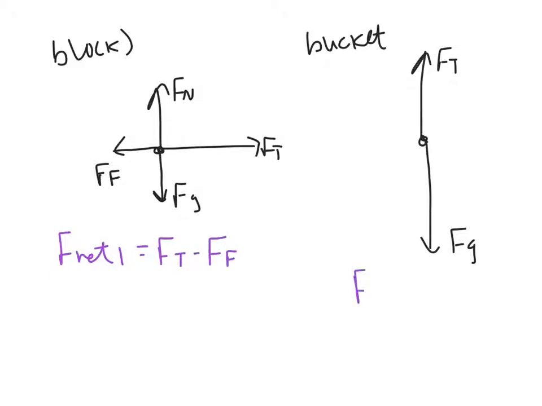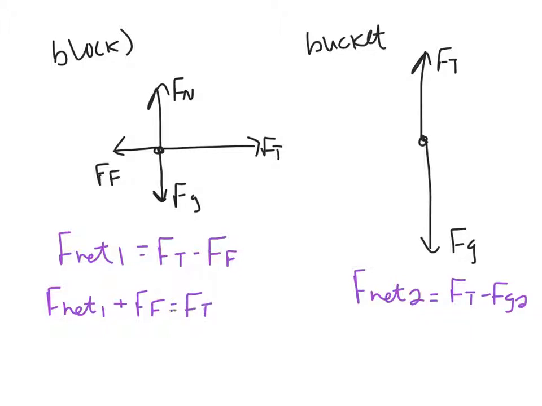For the bucket, the net force of 2 equals top minus bottom, Ft minus Fg, and that's Fg of 2. Our tensions are equal, so isolating the tension force, we get F net 1 plus Ff equals Ft, and over here, F net 2 plus Fg2 equals Ft.